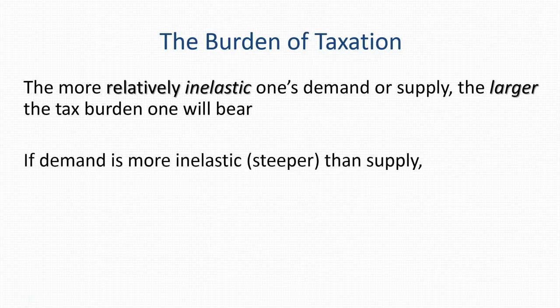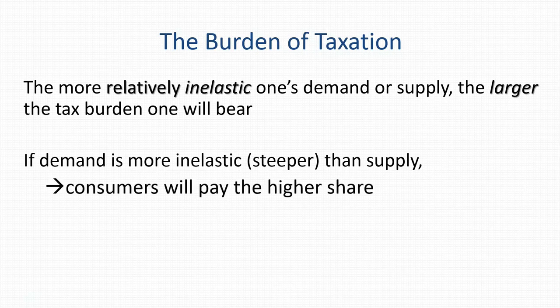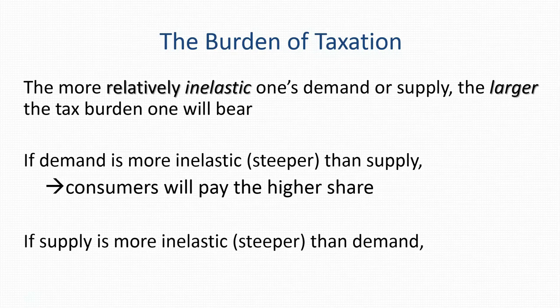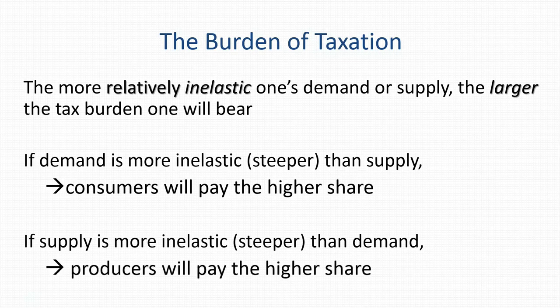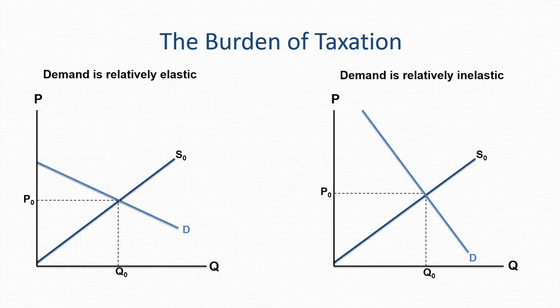If demand is more inelastic, if the demand curve is steeper than supply, then consumers are going to pay the greater share. That is, most of that tax is going to come out of consumer surplus. And likewise, if supply is more inelastic, if the supply curve is steeper than the demand curve, then producers are going to pay the greater share of the tax burden in terms of that tax burden coming mostly out of producer surplus. And again, we can see this graphically.